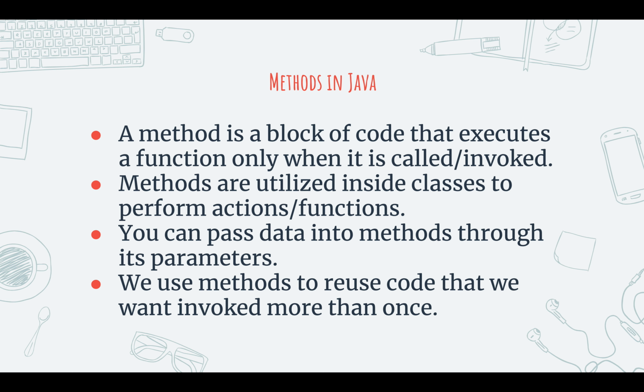Methods in Java. A method is a block of code that executes a function only when it is called or invoked. What I mean by that is methods are certain functions that are contained either in the framework of a class, such as when we're creating the framework of a class, or in a driver class. And by a driver class, I mean a main method. A main method is different from other methods in that it's invoked by the compiler.